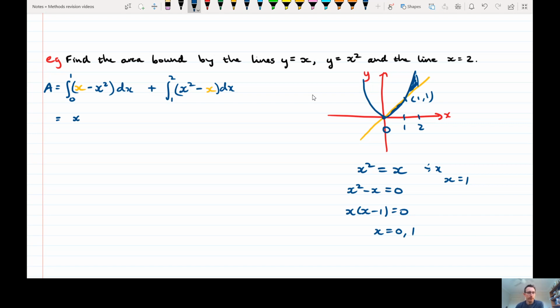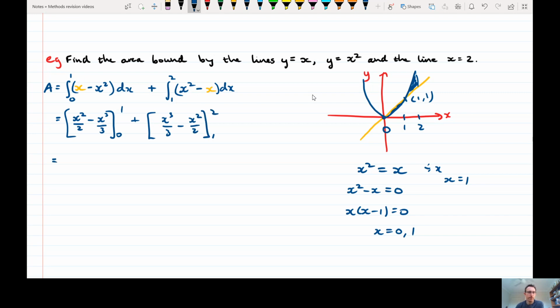So x becomes x squared over 2, x squared becomes x cubed over 3 between 0 and 1, plus, again, x cubed over 3 minus x squared over 2 between 1 and 2.